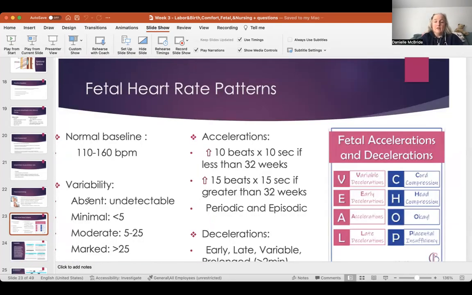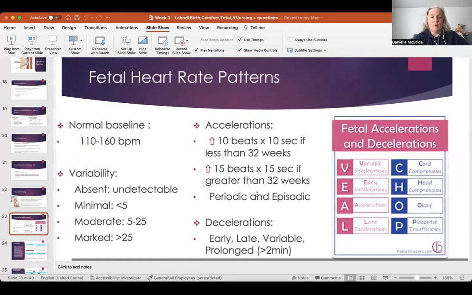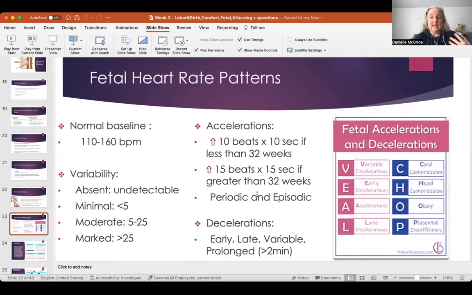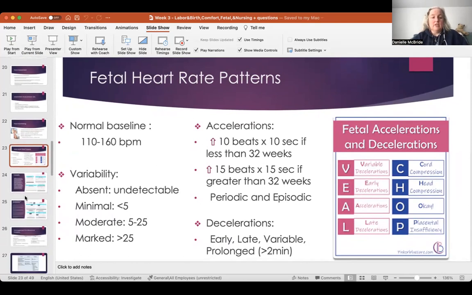The other things we're going to look at is, are we having increases or decreases around the baseline? And this is going to determine if there's anything that's reassuring or non-reassuring about the tracing that we're looking at. We like accelerations. An acceleration is an increase from the baseline.